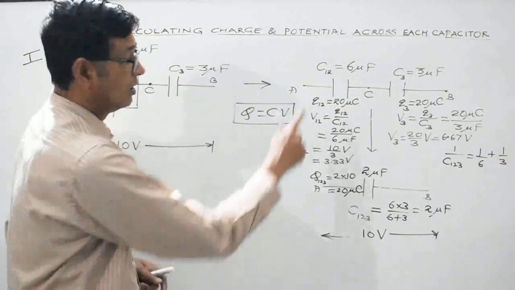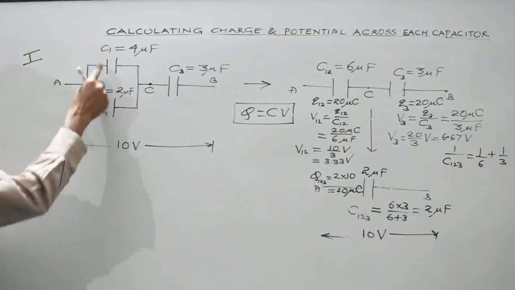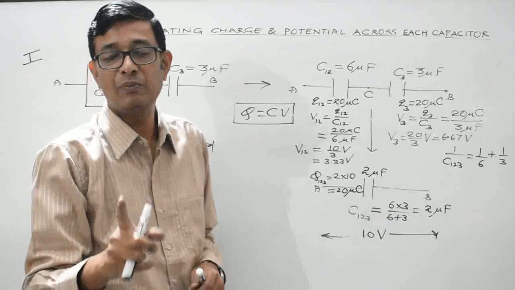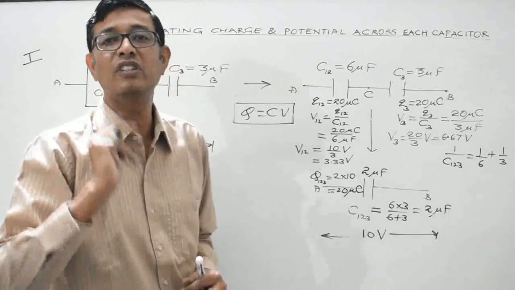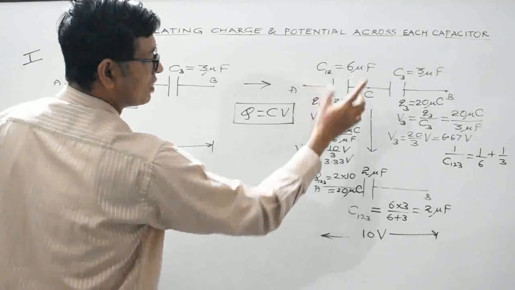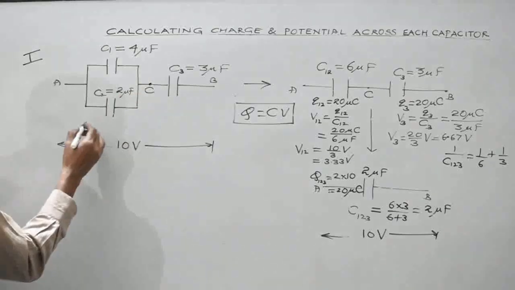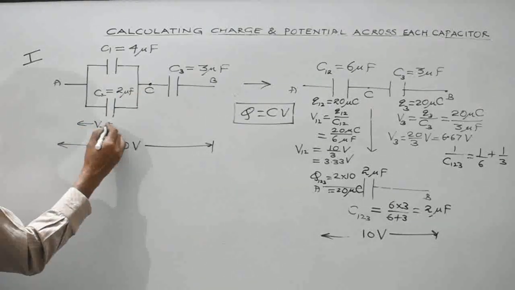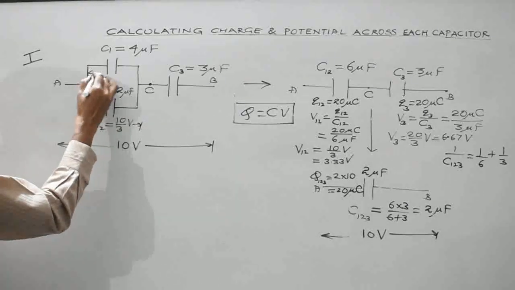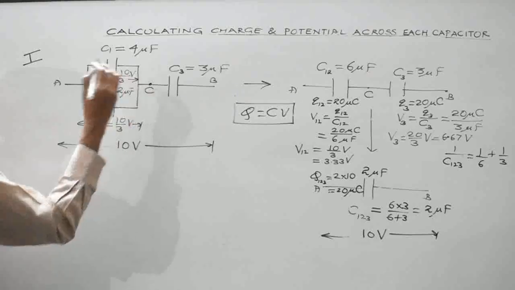C12 is the parallel grouping of C1 and C2. It's pretty clear. And students, in the parallel grouping, the potential difference across each capacitor is constant. Right? So what is the potential difference across this? 10 by 3 volt or 3.33 volt. So over here V2 will be equal to 10 by 3 volt, and V1 will also be equal to 10 by 3 volt.